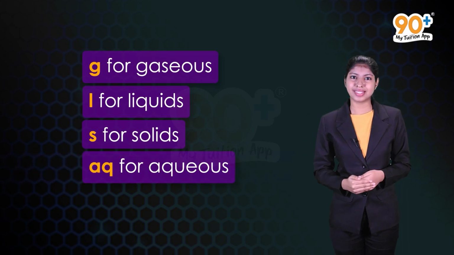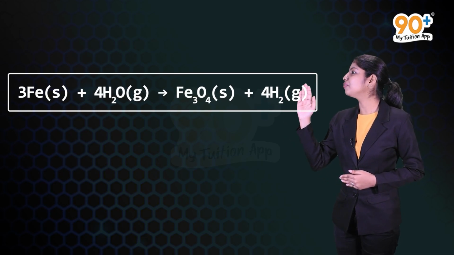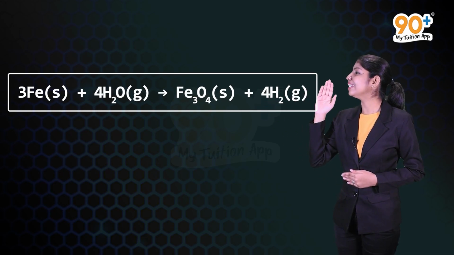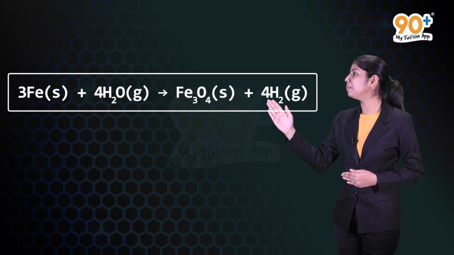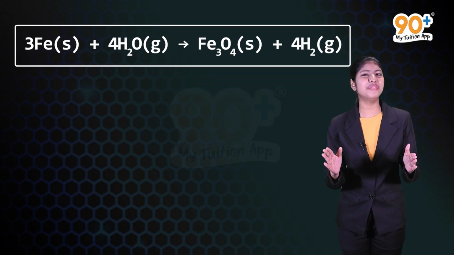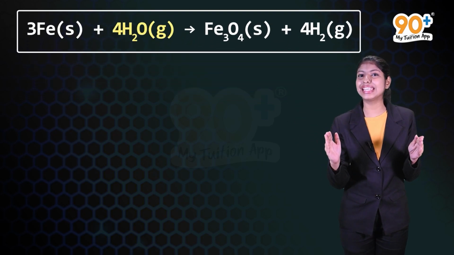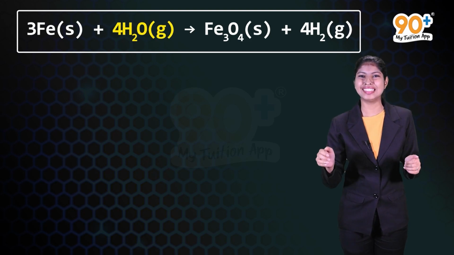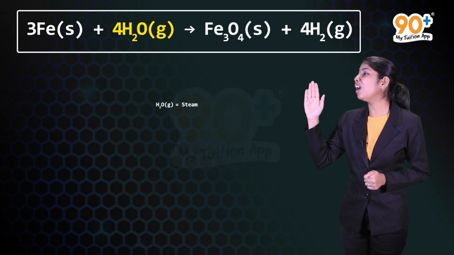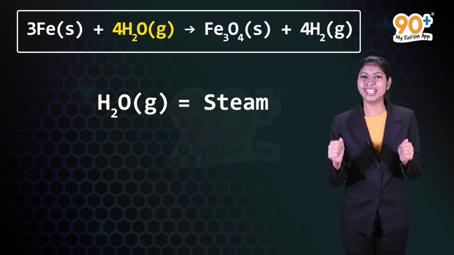So our balanced equation can be written as 3Fe(s) + 4H2O(g) gives Fe3O4(s) + 4H2(g). Have you noticed one thing? Here the symbol g is indicated with water. It is because here water is used in the form of steam.